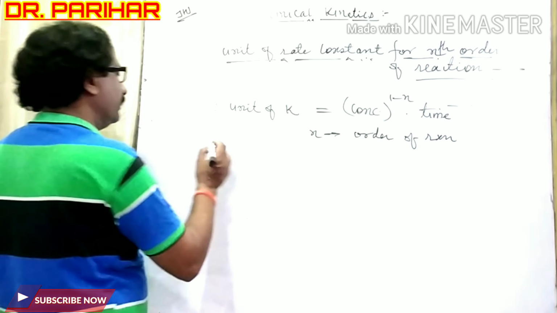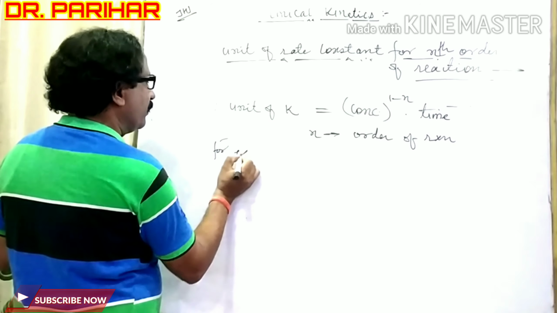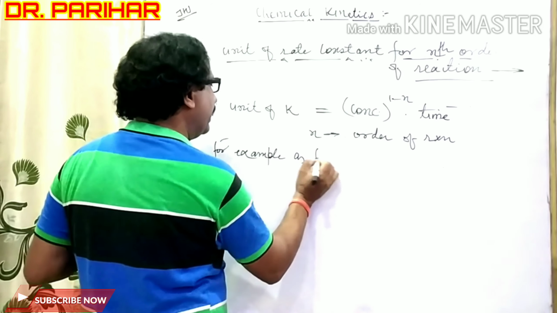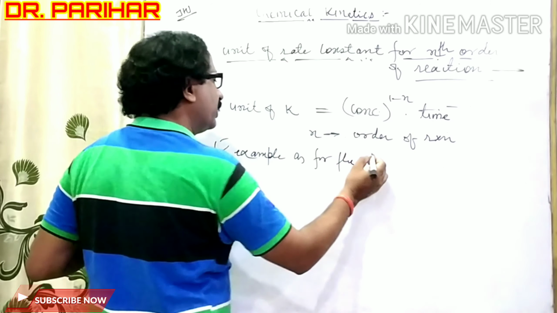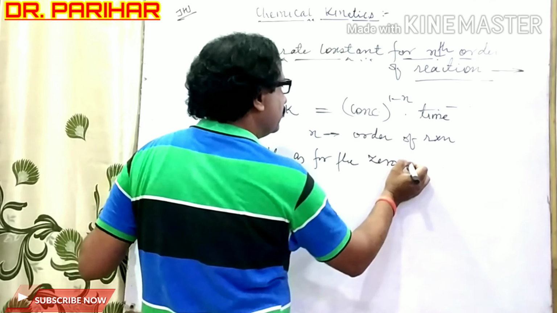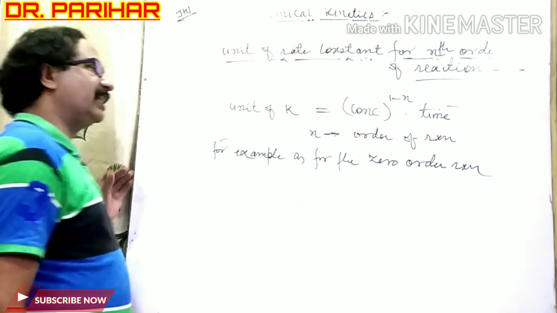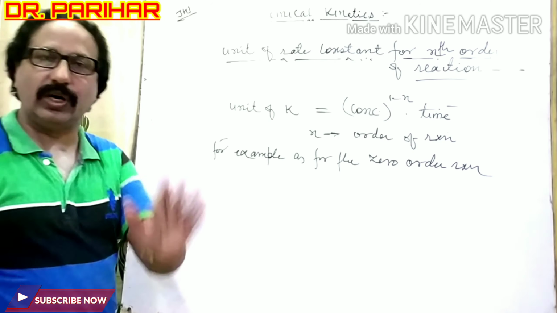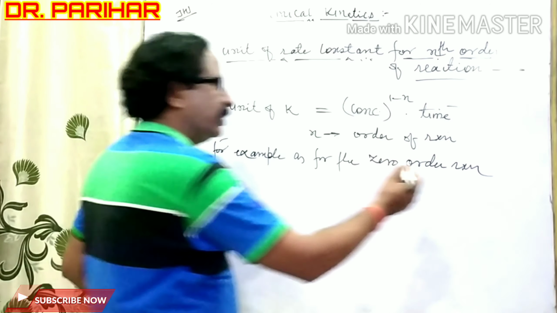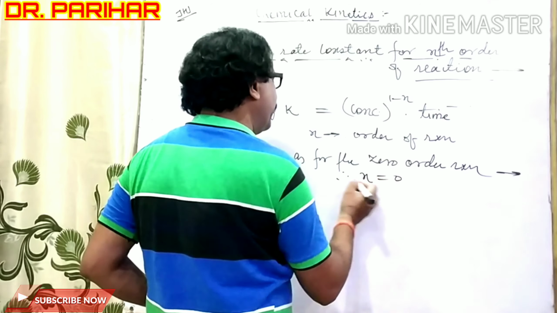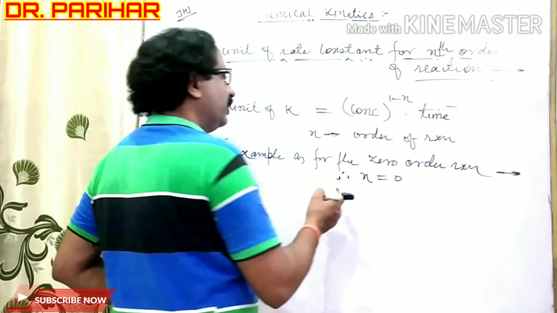For example, we have taken the example of a zero order reaction, and for the zero order reaction, therefore n must be 0.